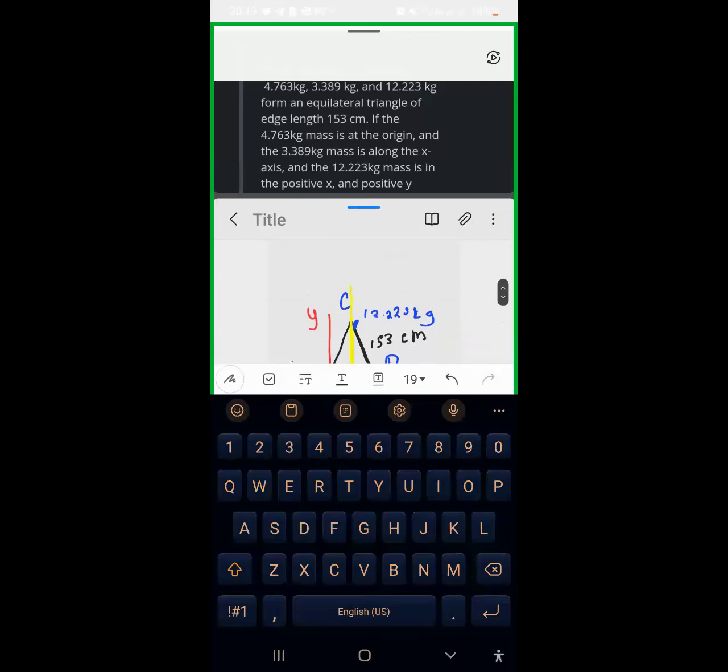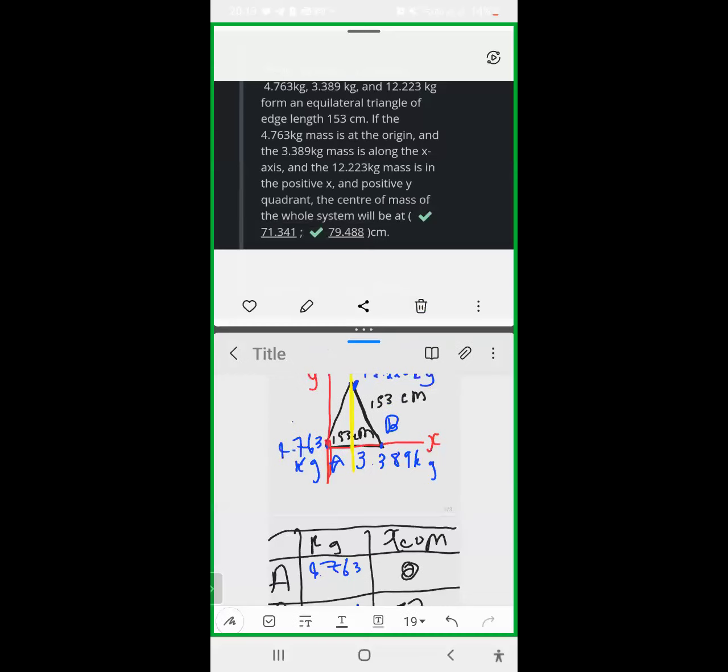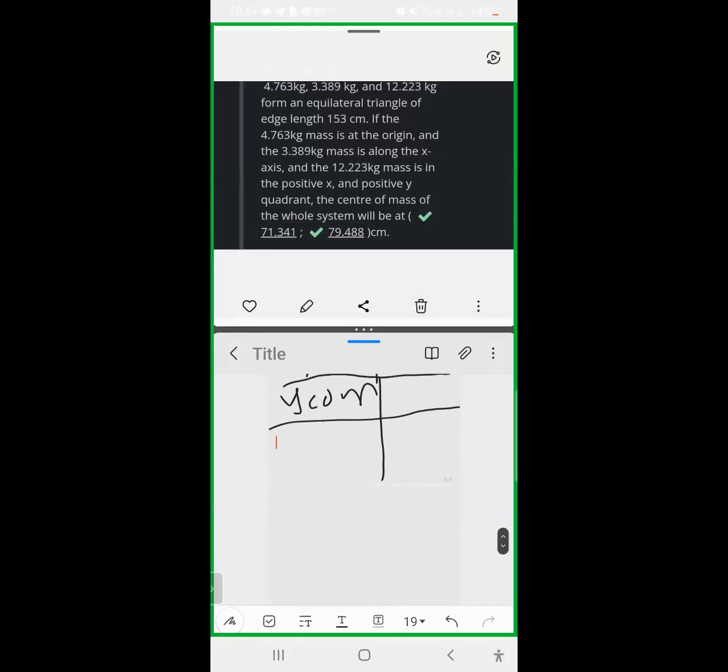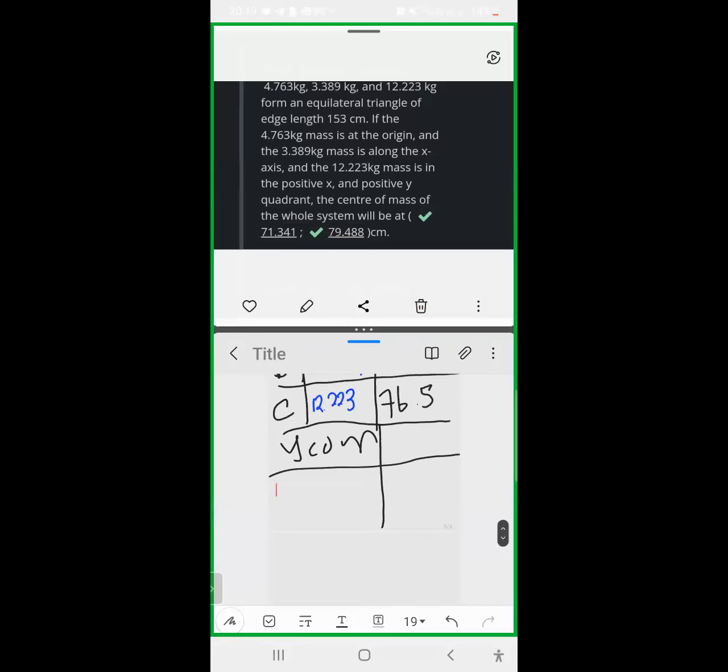It didn't move any distance on the Y and the X axis. Hence, its Y coordinate of the center of mass will just be 0. So this is for A.